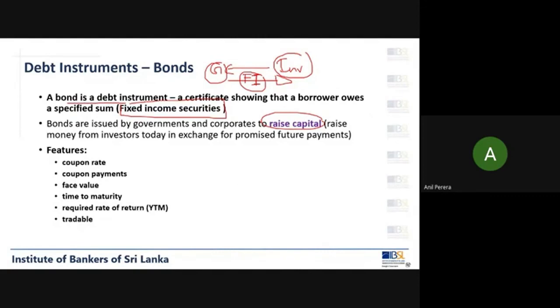Now, governments are actually borrowing for their day-to-day needs, but if they are borrowing for the long term, they are raising money for the purpose of raising capital to undertake government activities.